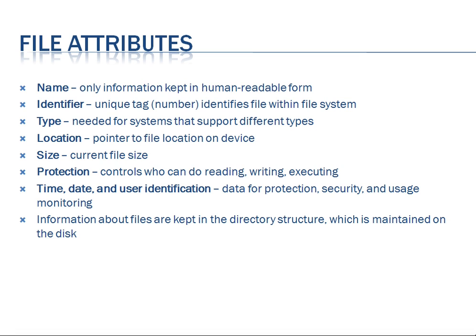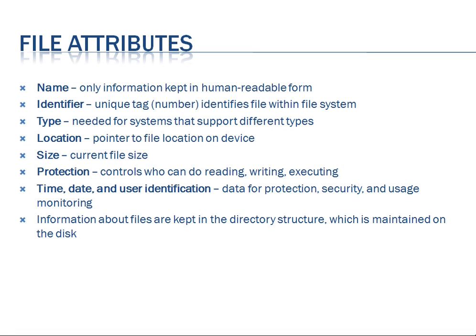A file is associated with some attributes, namely name, identifier, type, location, size, protection, data, and user identification. Every file must have a name in human readable form. This is just for the users to get some idea about the file content. That's why it is kept in human readable form.